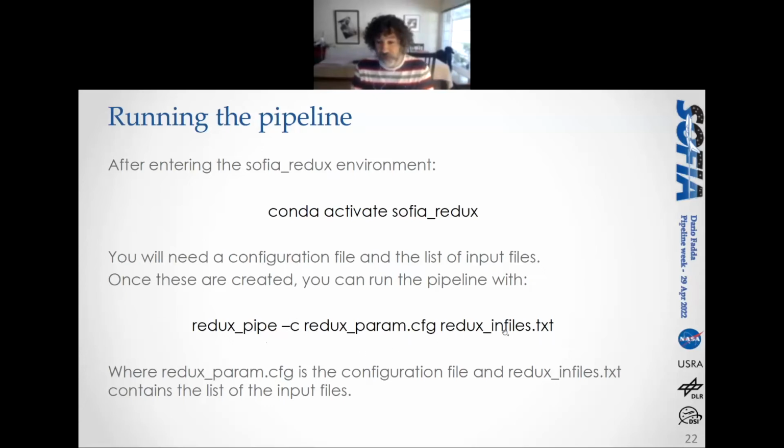The list of files, you just do an ls or whatever you do to create a list of files. Then from the list of files, you take out the ones that you consider bad, as we saw in the previous snippet.